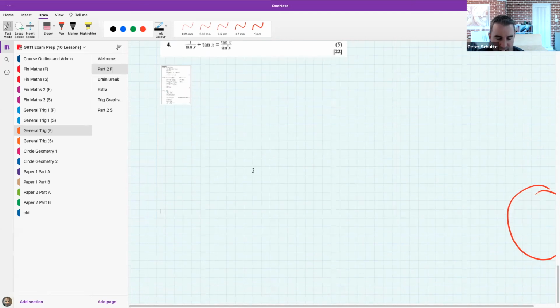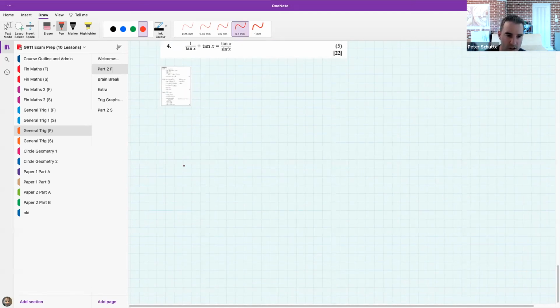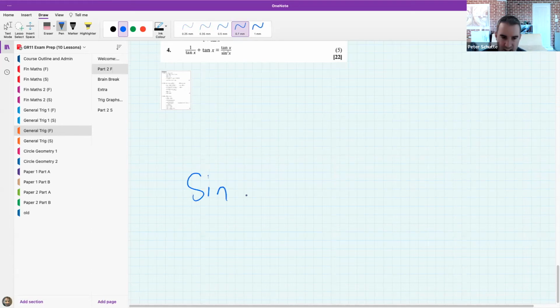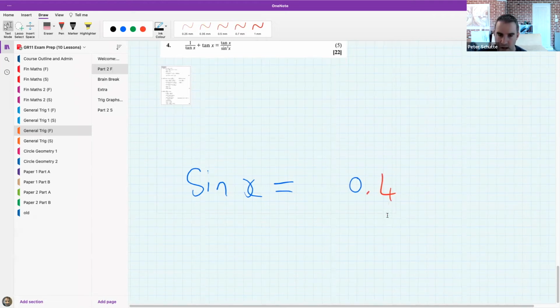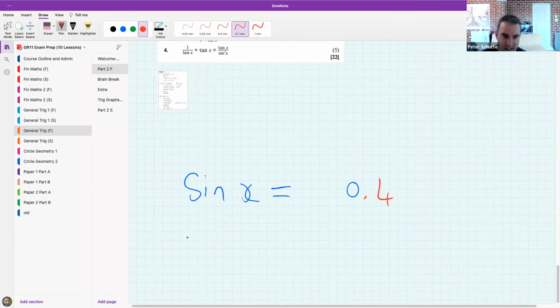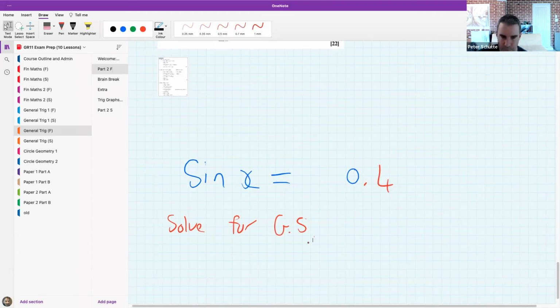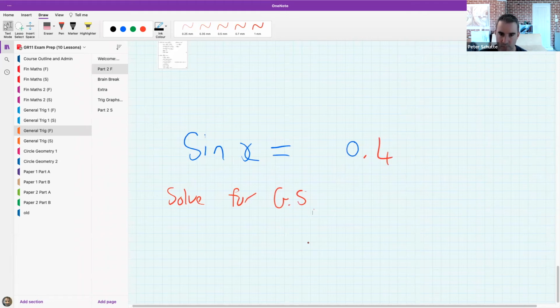If I give you a trig equation like this, sine of x equals 0.4, I want you to solve for the general solution. I just want to go through this method with you.